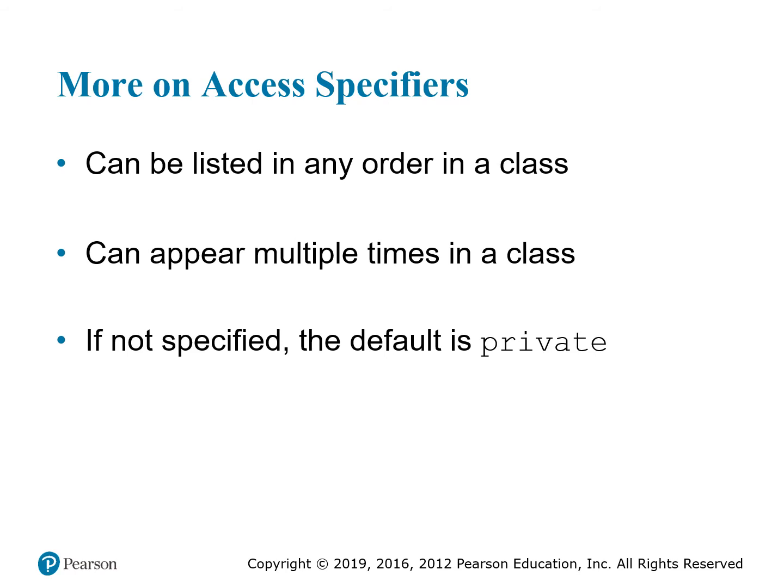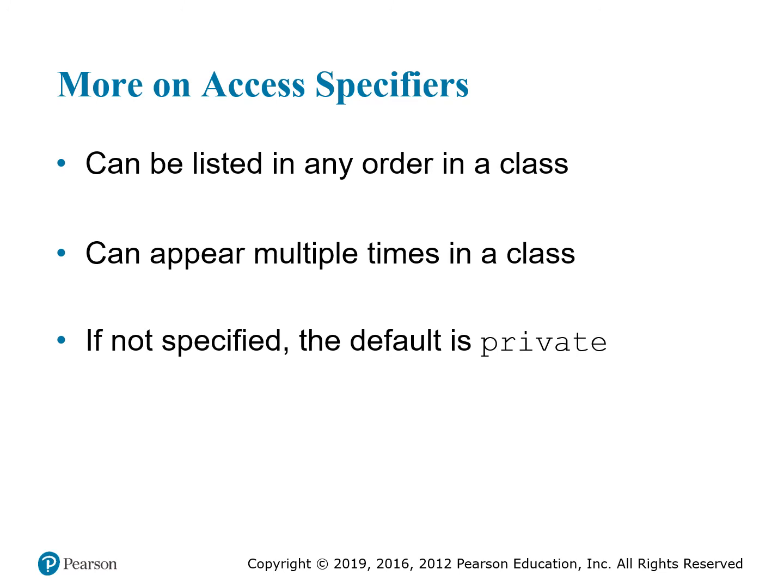Access specifiers can be listed in any order in a class. You don't have to put your private stuff first and your public stuff second. They can appear multiple times in a class. So you can have a private section, then a public section, then another private section, then another public section. And if it's not following a section label, the default is private.